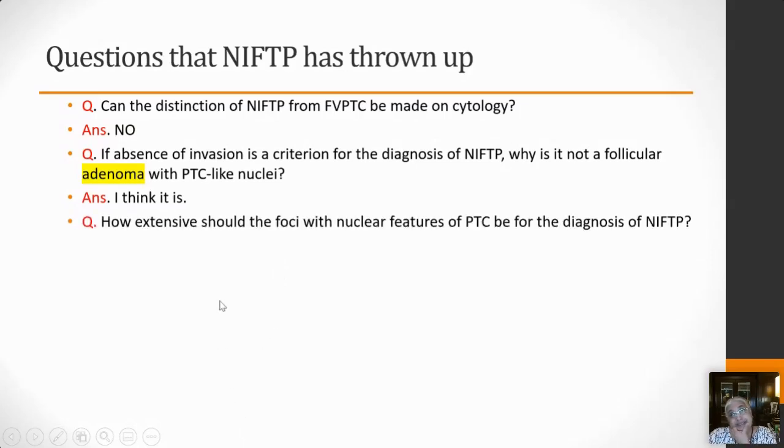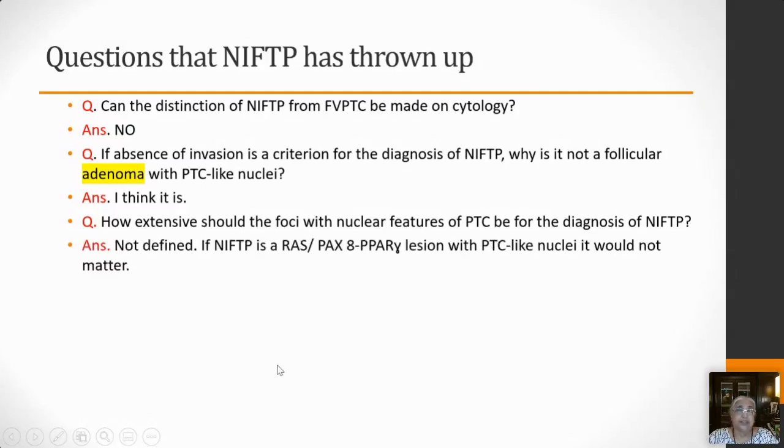And now comes this question that comes up again and again. How extensive should the foci with nuclear features of papillary thyroid carcinoma be for the diagnosis of NIFTP? And the answer is that it is not defined. But I look at it this way, that if NIFTP is a RAS lesion with PTC-like nuclei, I don't think it would make any difference at all.